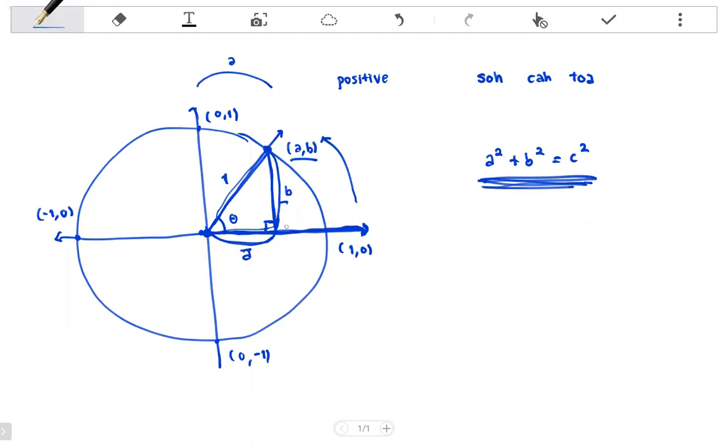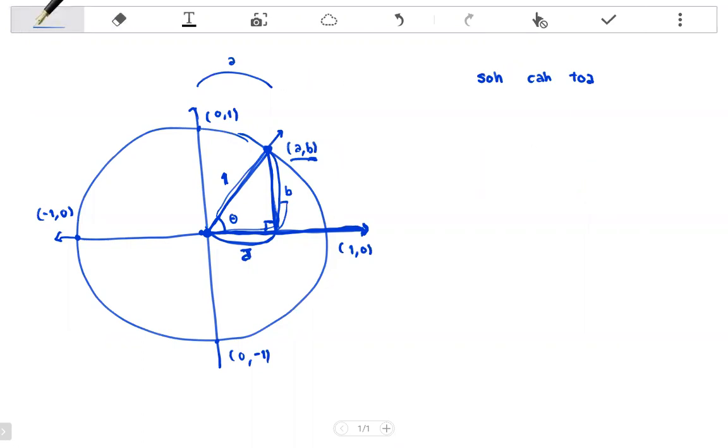It's going B units up to this point, which shows that it's the y coordinate. So we have a hypotenuse of 1, a length of A on the bottom and a length of B on the right. So knowing that, I'm going to clear this up.